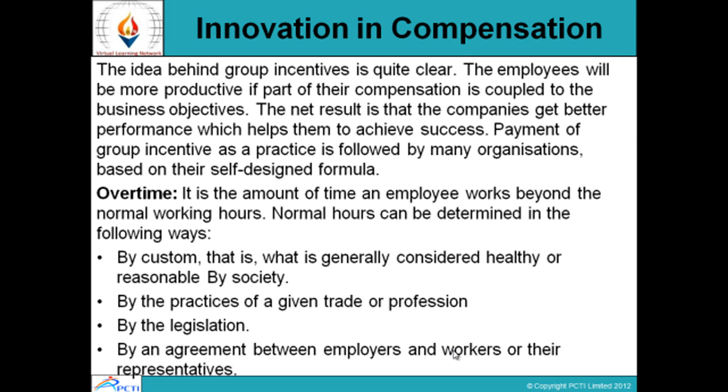Overtime. It is the amount of time an employee works beyond the normal working hours. Normal hours can be determined in the following ways. By custom, that is, what is generally considered healthy or reasonable by society. By the practice of the given trade or profession. By legislation, and by agreement between employers and workers or their representatives.